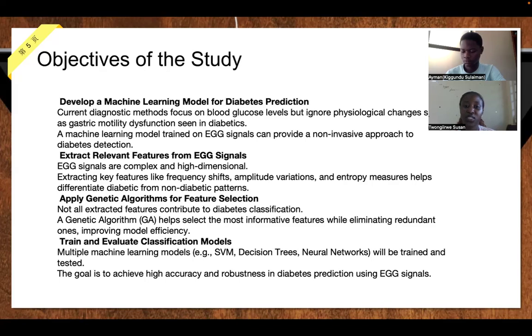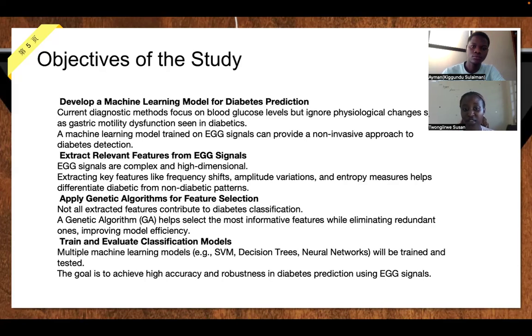What is the objective of our study? We want to develop a machine learning model for diabetes prediction. As we've seen, the current methods focus on blood glucose and ignore the physiological changes. What we are trying to create is a non-invasive approach to detect diabetes.